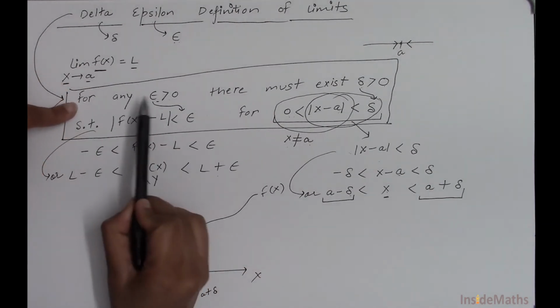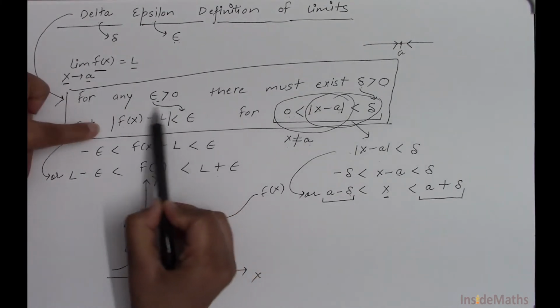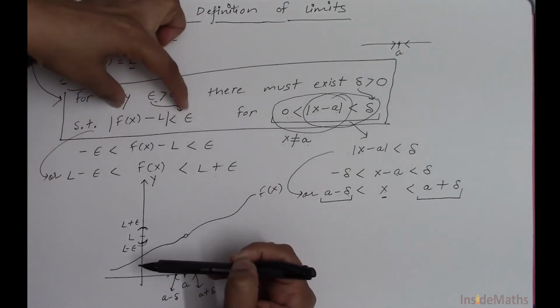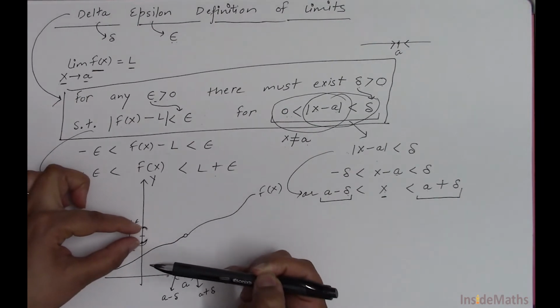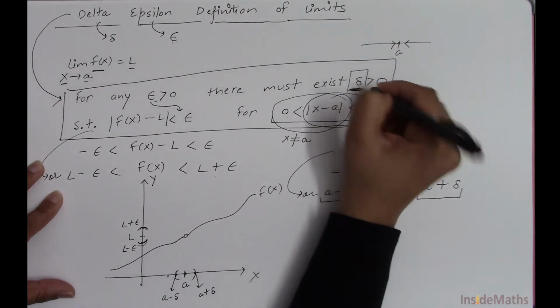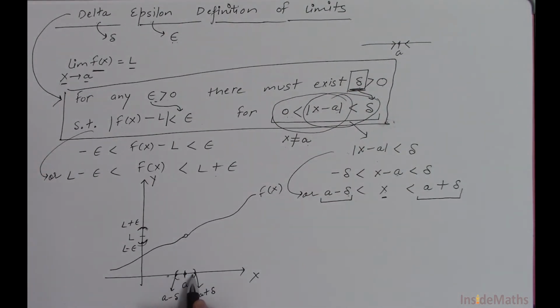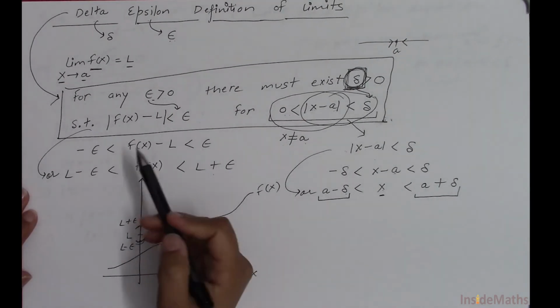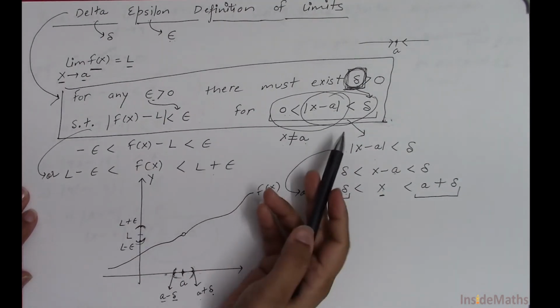Then there must exist a point delta for which x must lie between these 2 points, excluding a. There is a point delta for which the range of x is a minus delta to a plus delta. So this is the delta epsilon definition of limits.